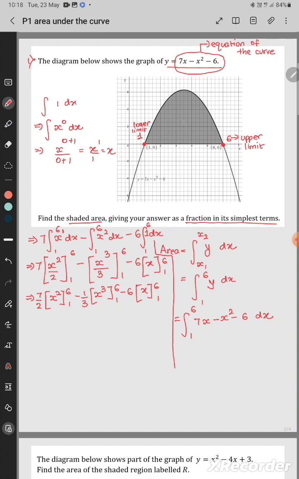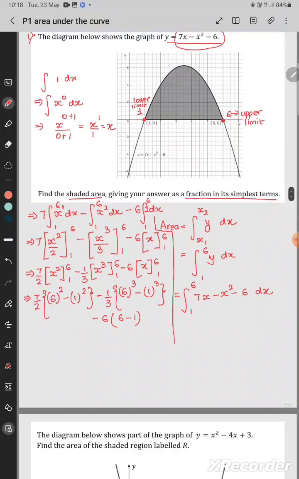So next step is to basically substitute the limits in place of x. First we give the upper limit, then minus the lower limit. So 7 by 2 bracket, upper limit is 6, so 6 squared minus the lower limit, 1 squared, minus 1 by 3, again upper limit 6, so 6 cubed minus lower limit 1 cubed, minus 6, again upper limit 6 minus the lower limit 1.